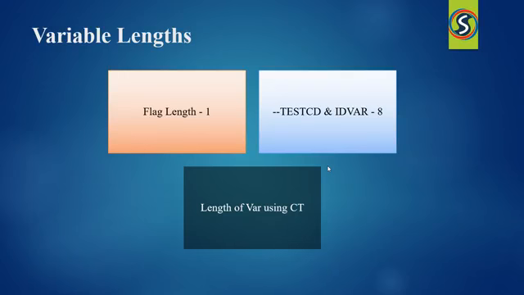For example, the length of the flags will always be 1, and the test code and IDVAR will never be more than 8, so length can always be set to 8. The length for variables which use control terminology can be set to the length of the longest term in your control terminology.